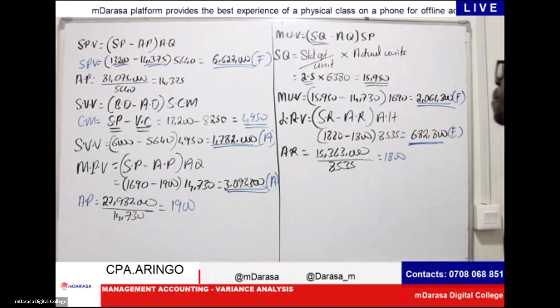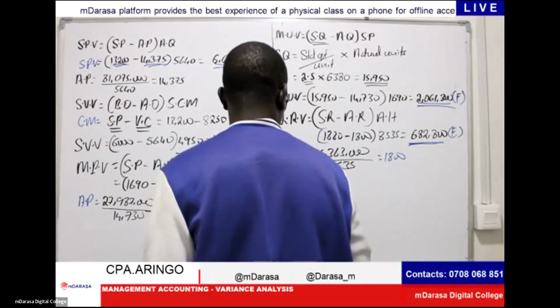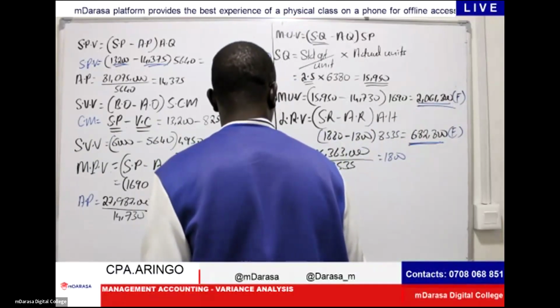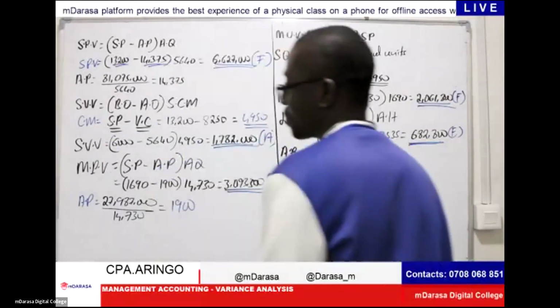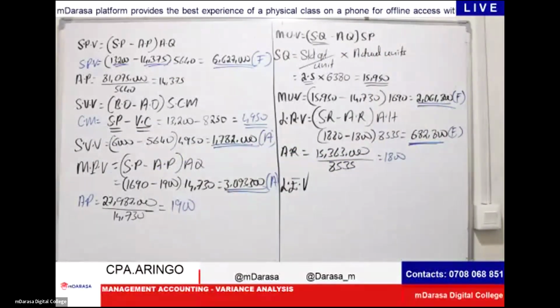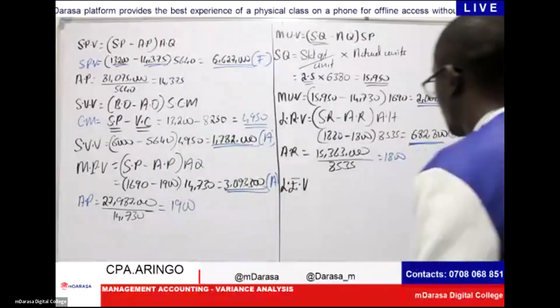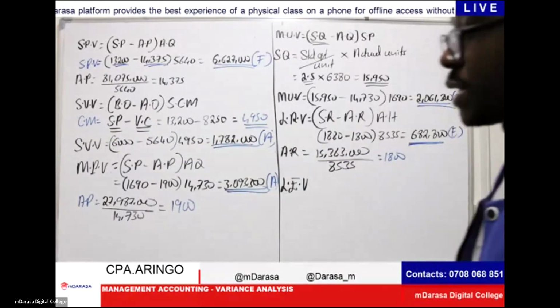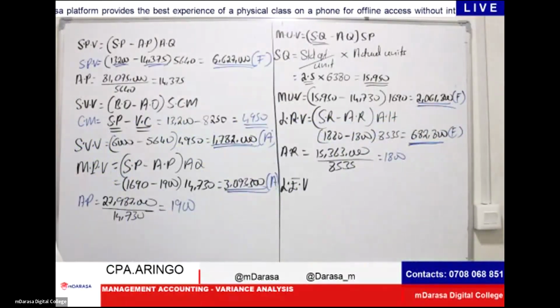Labor efficiency. I want you to do that for marks so that you also participate. Labor efficiency variance. Do that very fast. You have a formula. Same concept should apply.